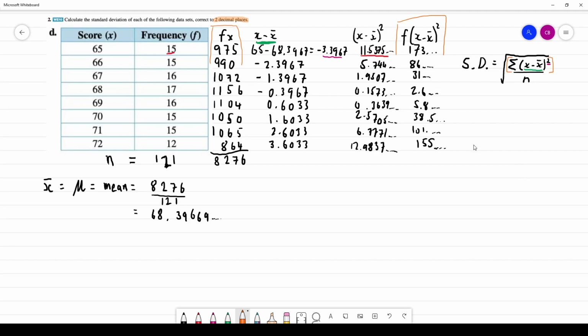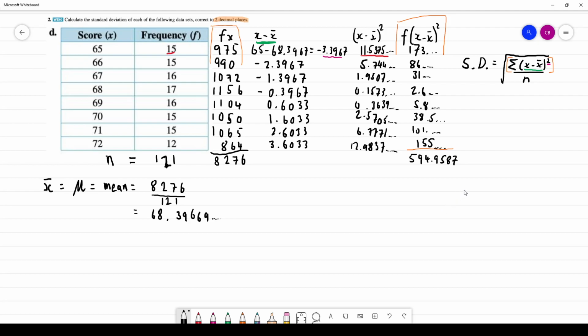So we just need to add them all up. So just down here, just underneath here, the sum of all of these, if you add it all up, is 594.9587, rounded to 4 decimal places.